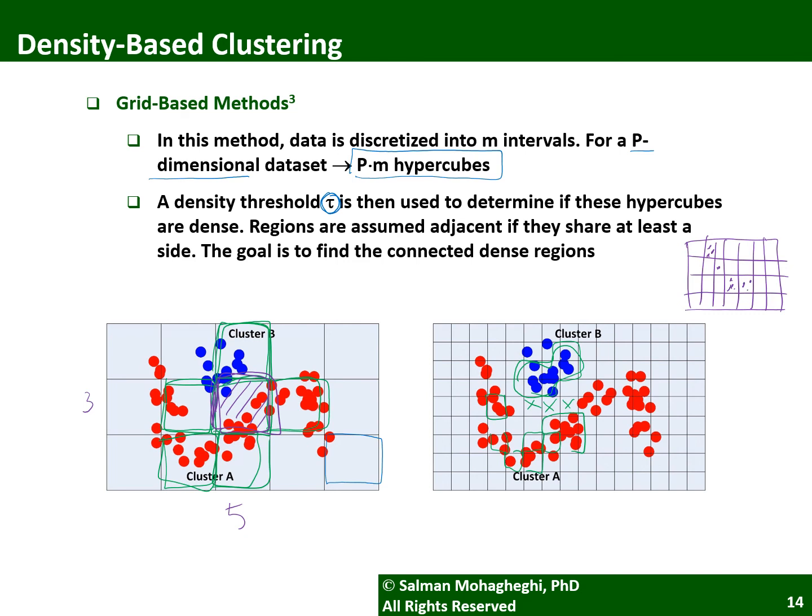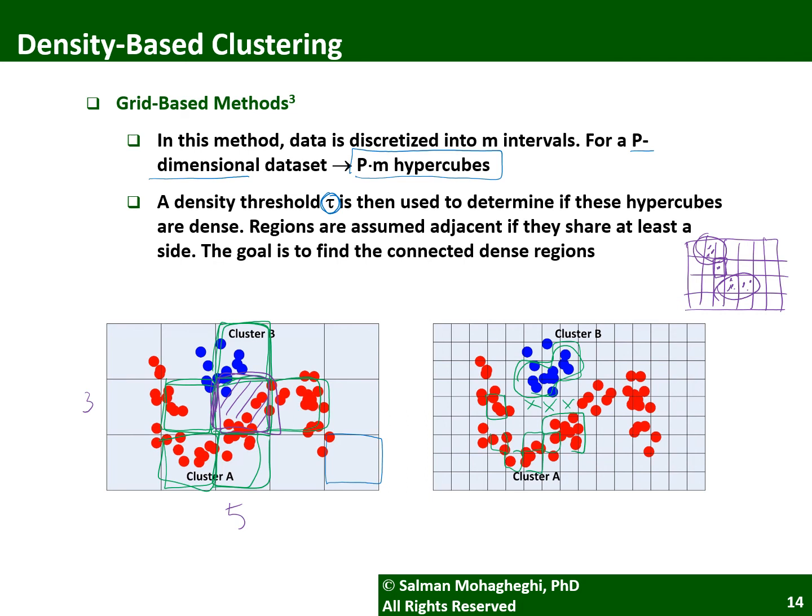These naturally belong to the same cluster, but because my m is very, very large, meaning that I have broken the data into very granular squares, this one ends up being identified as non-dense. Because it's not dense, the algorithm thinks that this one is not related to this one, which in reality it is. So the choice of m is quite important, and it's something that you have to do through trial and error, and then you validate your cluster and come back. If you're not happy with that, you come back and change the choice of m.